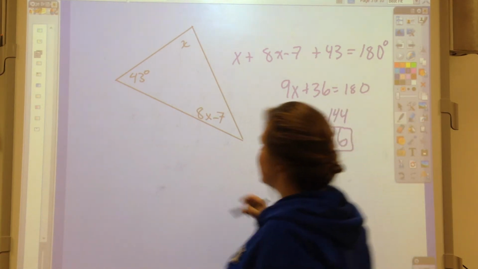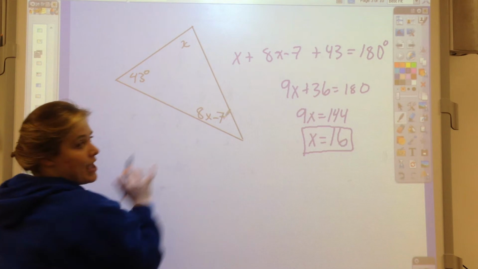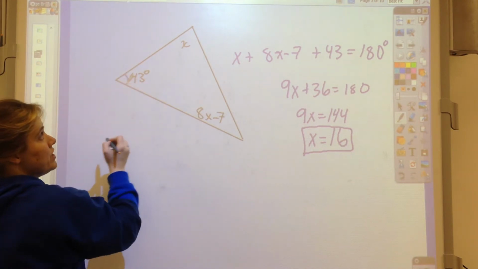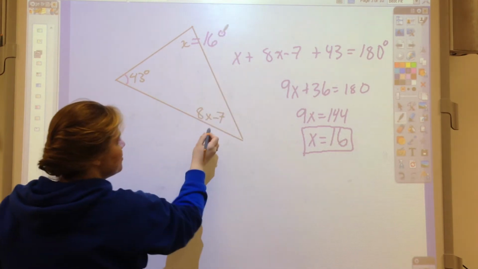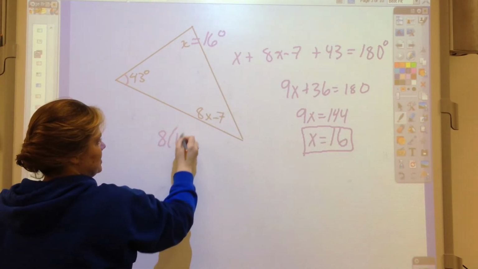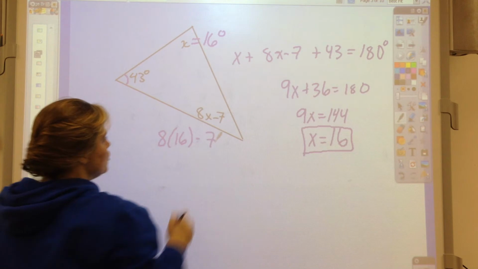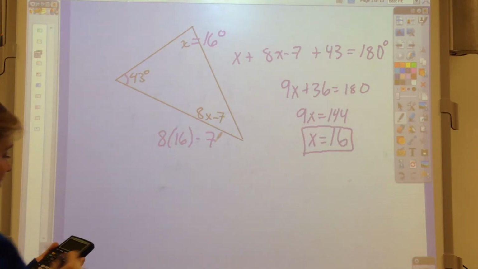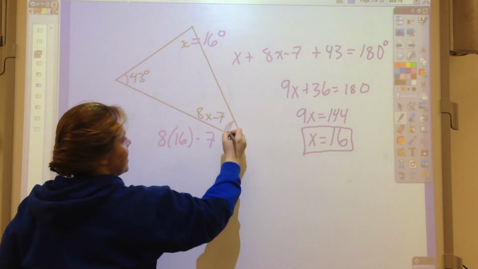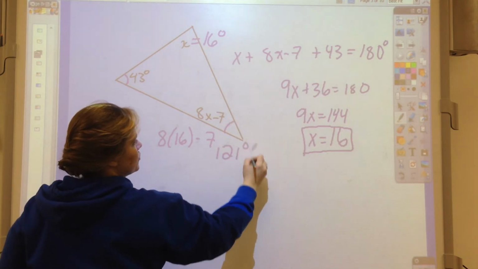Now that I've solved for x, I can find each of these angle measures. This one I already know. This one will be 16 degrees. And this one is going to be 8 times 16 minus 7. So go ahead and on your calculators do 8 times 16 and subtract 7, and it looks to me like we get 121 degrees here.